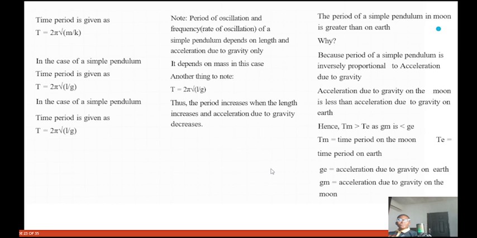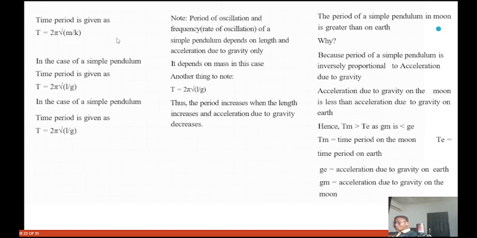Because of the length of the motion, not the mass. For a spring connected to a mass, we have 2 pi square root of m over k. But this one is square root of L over g, because g is affecting it, acceleration due to gravity. So period of oscillation and frequency of a simple pendulum depend on length and acceleration due to gravity only. Don't forget that.